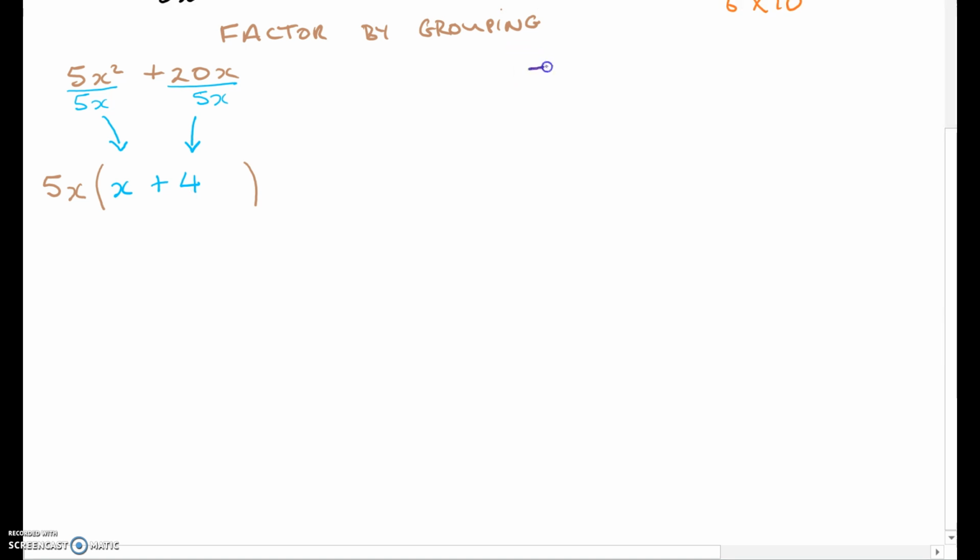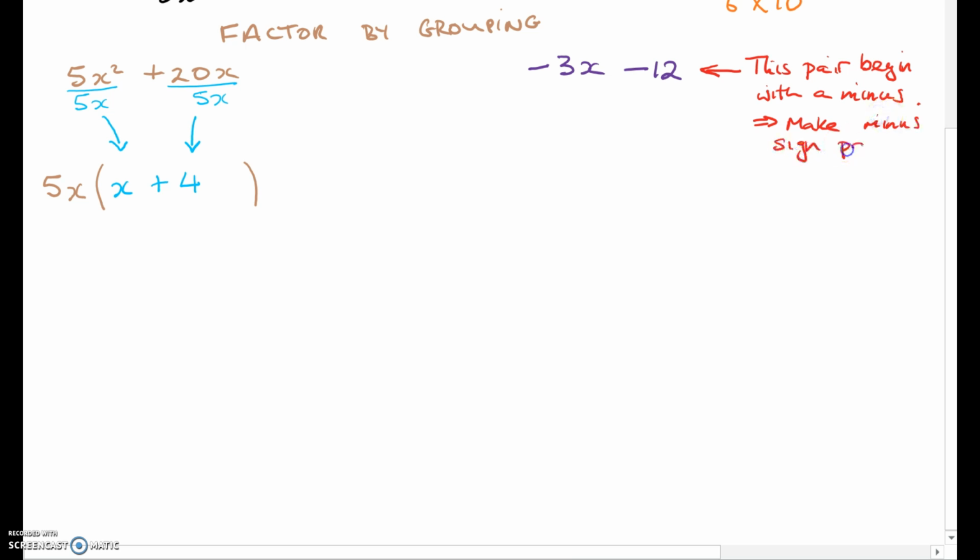Now, something really important happens here. The second grouping is negative 3x minus 12. This pair begins with a minus. When that happens in these types of problems, it's a good idea to make the minus part of the GCF. So make the minus sign part of the GCF.